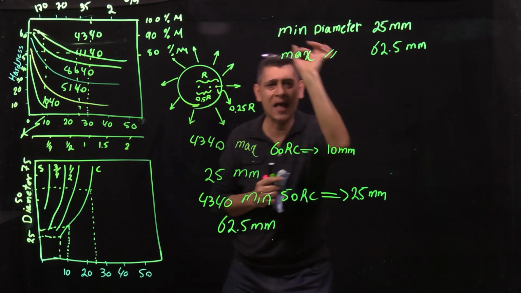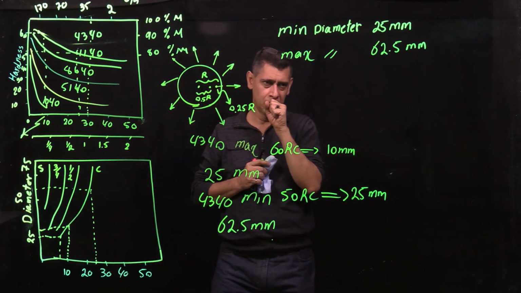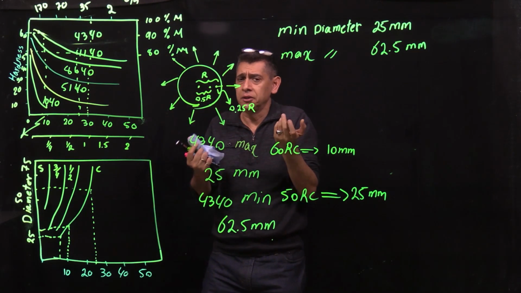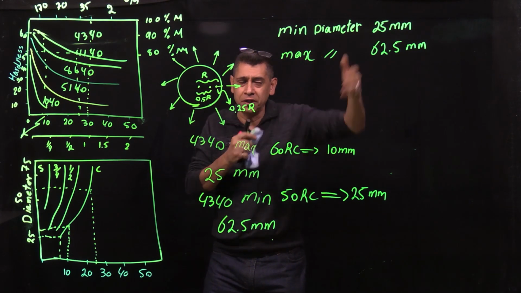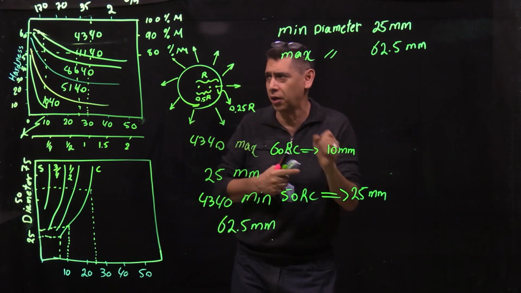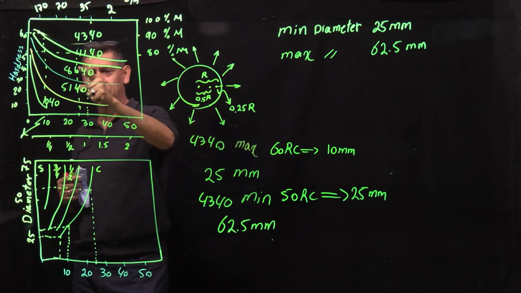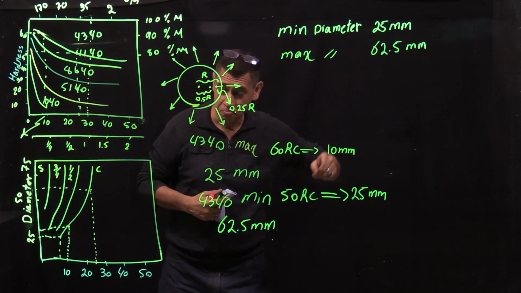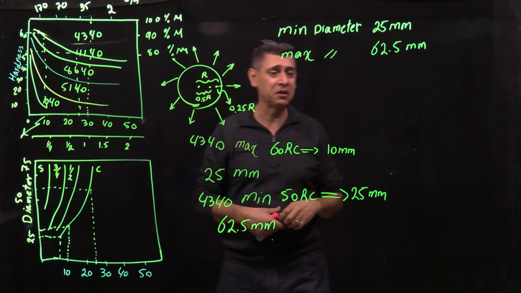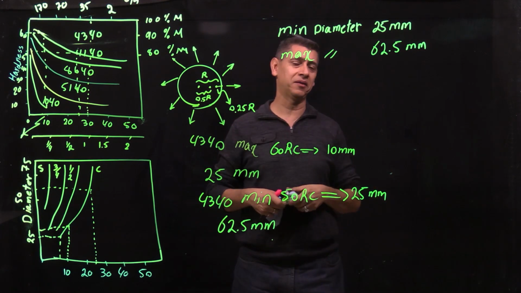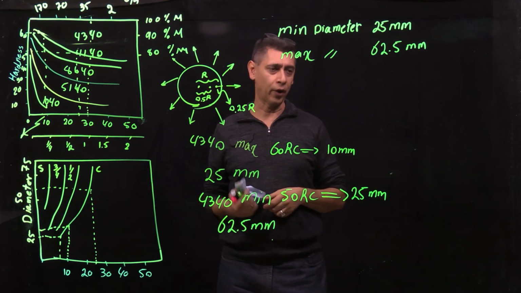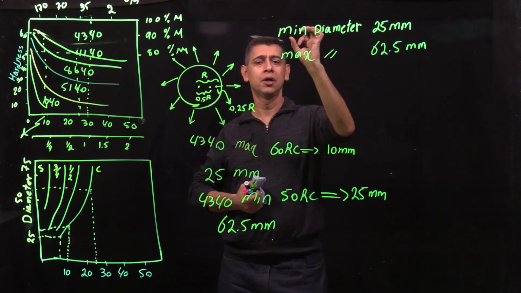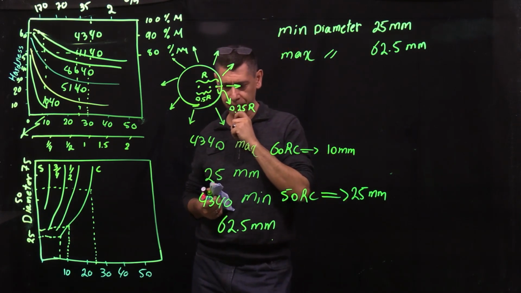Smaller means less hardenable. And that means I use something that is not as hardenable as this. I have to make it smaller. Then I use many other alloys, or maybe I change my cooling rate, make it a little bit less heat dissipating. So I use oil. That gives you a smaller diameter.